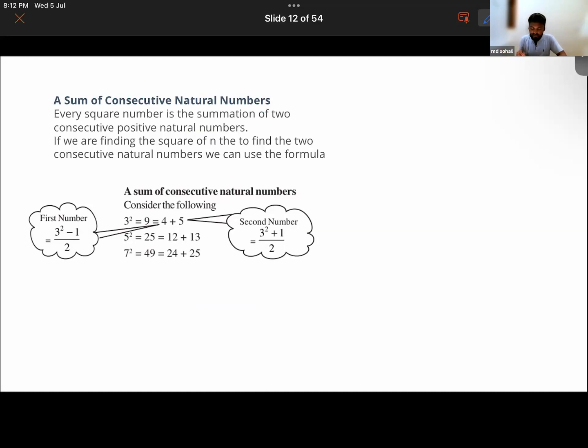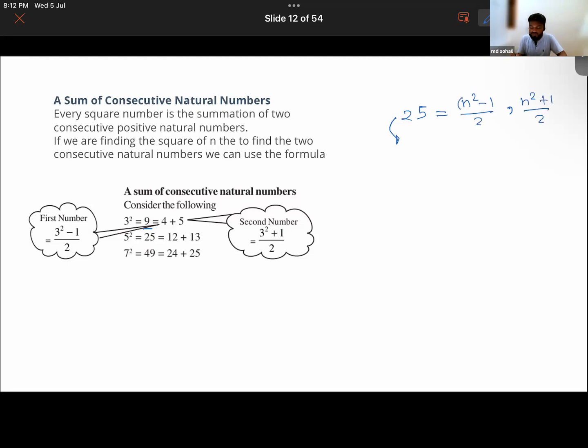And any odd number you see, it's the sum of consecutive natural numbers as well. And how we need to find which two numbers it's a sum of, for example 25 here. If you are required to find out of which two consecutive natural numbers it is the sum of, the two consecutive natural numbers can be found using the formula (n square minus 1) upon 2 and (n square plus 1) upon 2.